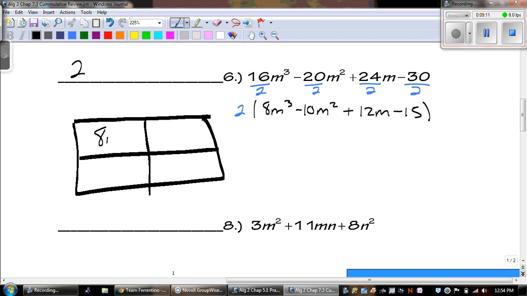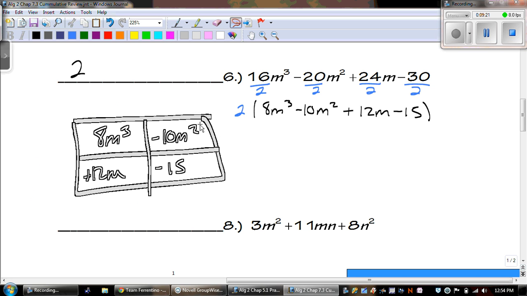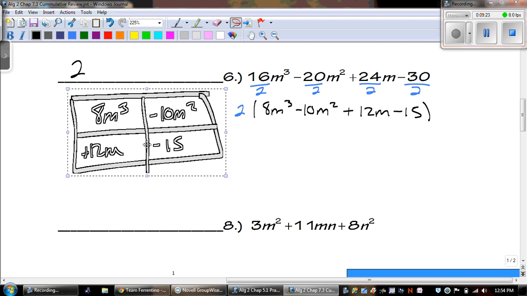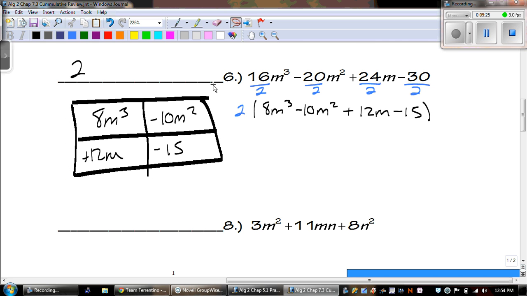So 8m cubed minus 10m squared plus 12m minus 15. Move this up just a little bit. Okay, so let's look at the top row. The GCF of 8 and -10 is 2.